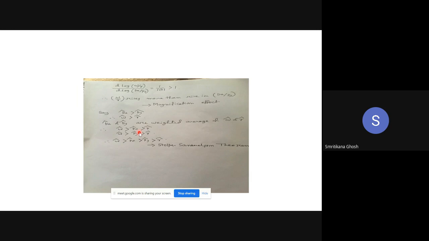So Px hat must be within W hat and R hat, right? If I am saying that 20 is the average of 10 and 30, then 20 is in between 10 and 30, right? It is a mean value.